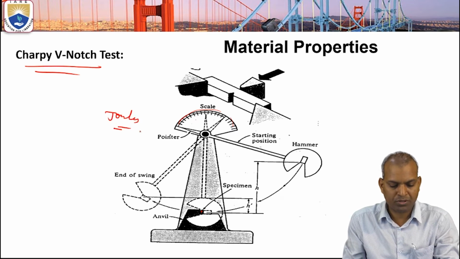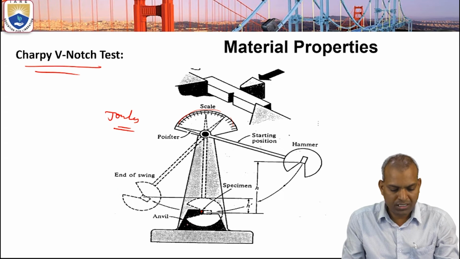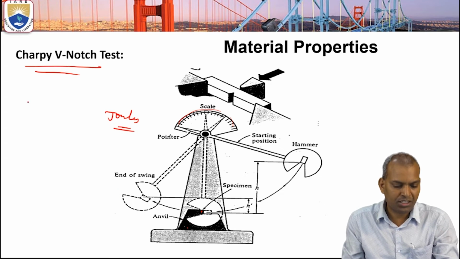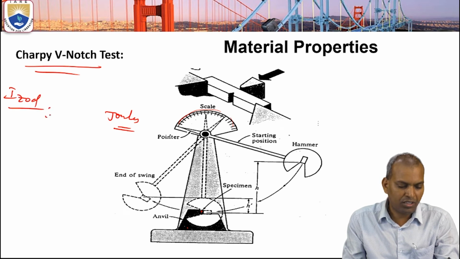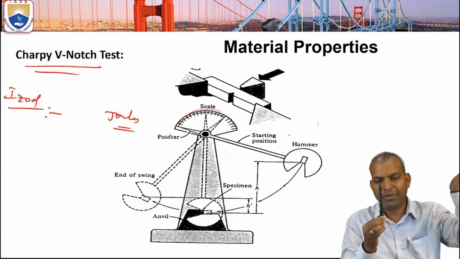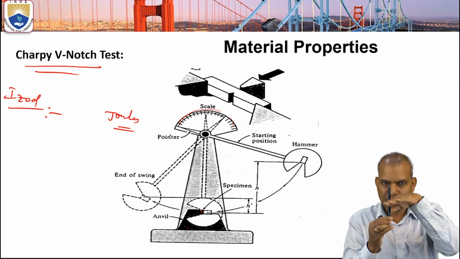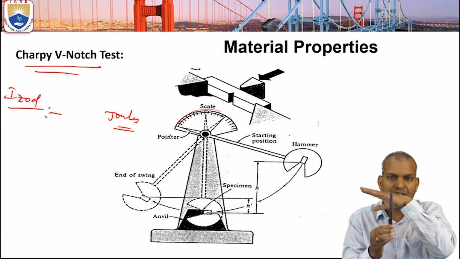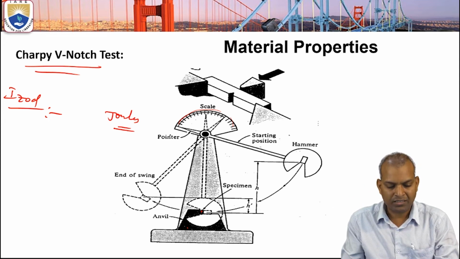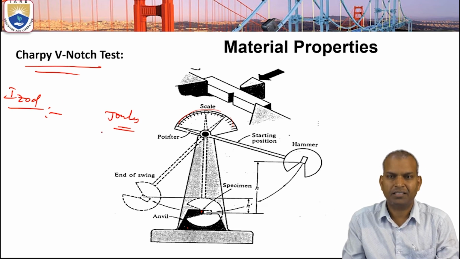This position is the anvil, whereas the other test is known as the Izod test. In the Izod test, the specimen is kept vertical, held in the anvil, and the hammer comes and gives the impact load on the specimen, and the pointer moves on a scale that gives the Izod reading.